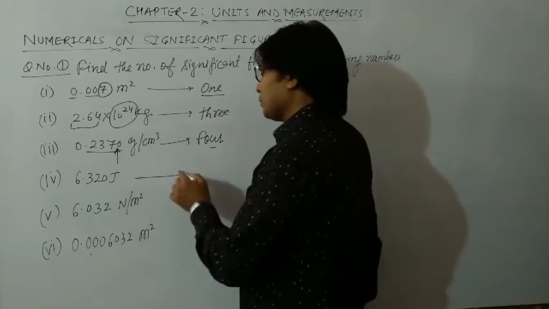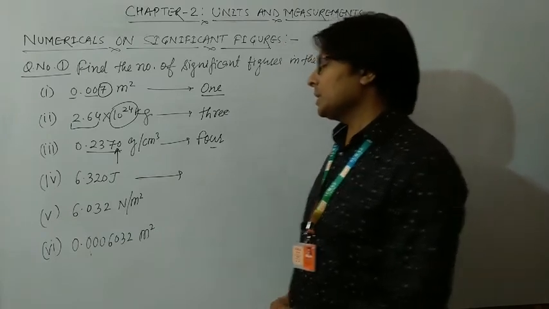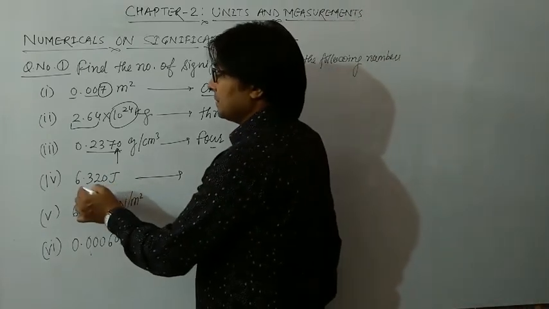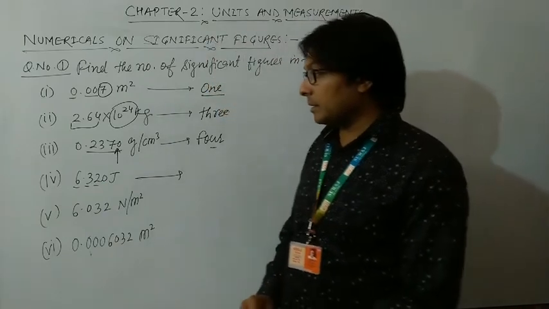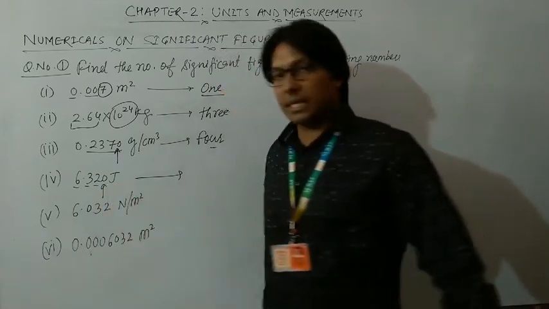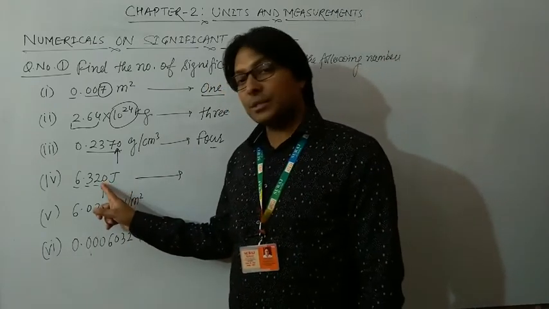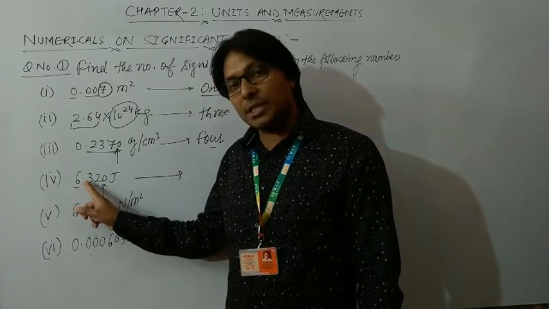Now coming on to the fourth part, 6.320 joules. Here 6, 3, 2 are the non-zero digits, and what about this 0? You will say once again that this 0 is the trailing 0, but in this number the decimal point is present.